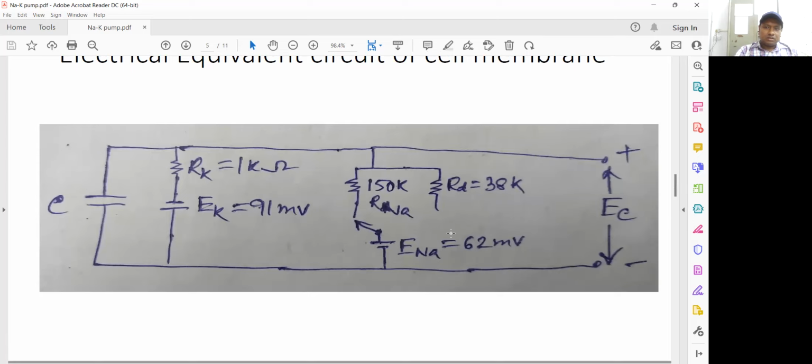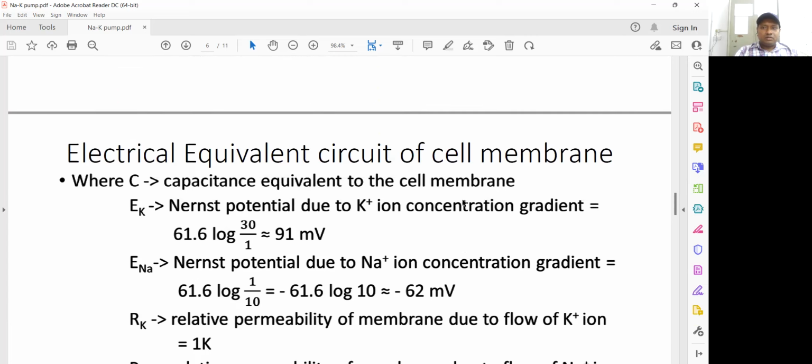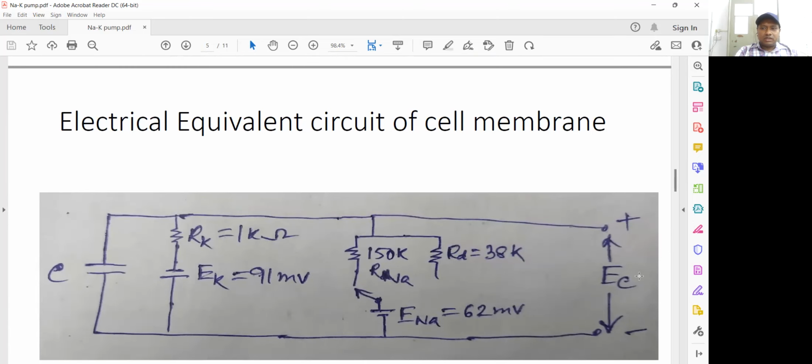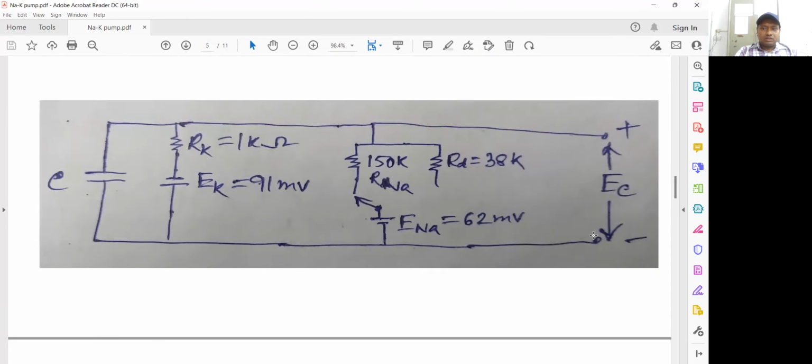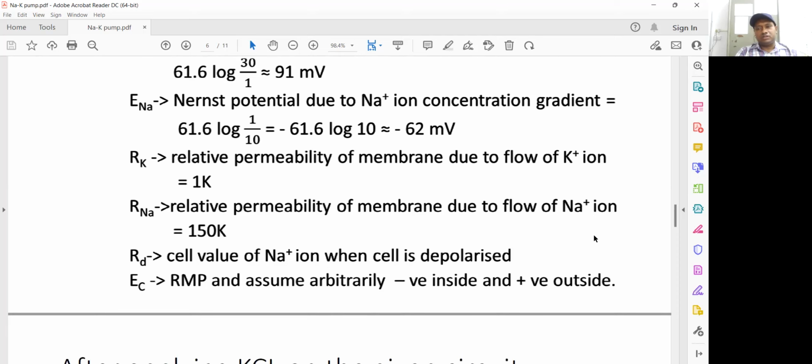Let us see what this RD is equal to. RD is the cell value of sodium ion concentration when the cell is depolarized. And EC, finally at the right side, is the RMP, assumed arbitrarily negative inside and positive outside.